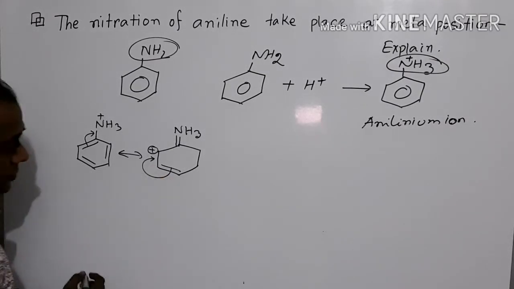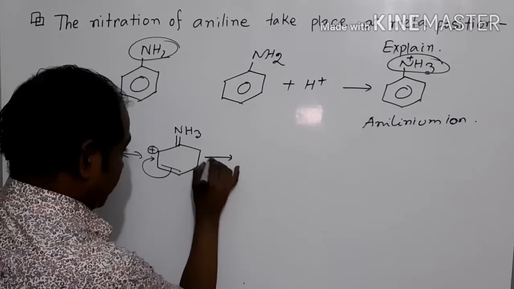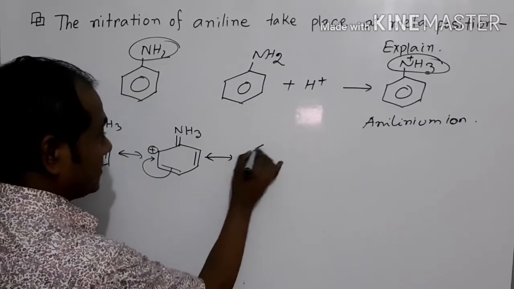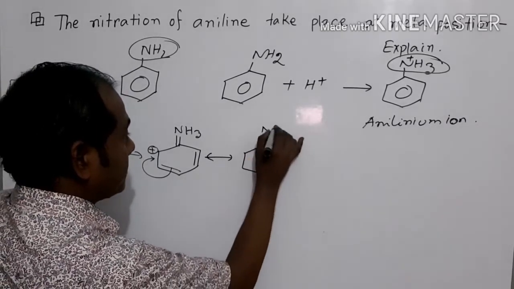This electron shifts towards the positive charge, and we get a shape like this.